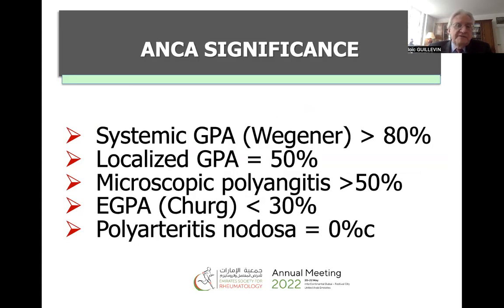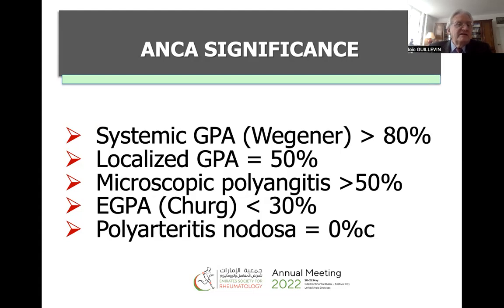And in MPA, it is also 50% in the population of patients which are recruited with general symptoms, arthralgias, purpura. But of course, if you focus on the subpopulation of patients with kidney involvement and lung involvement, anti-myeloperoxidase antibodies are present in more than 90% of the patients.